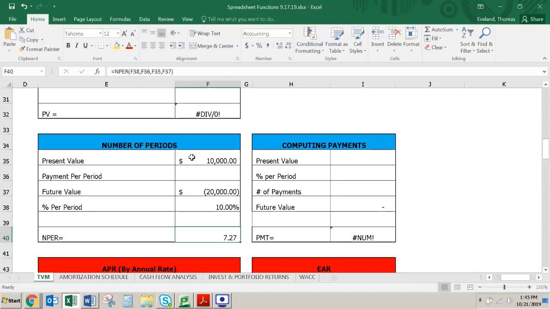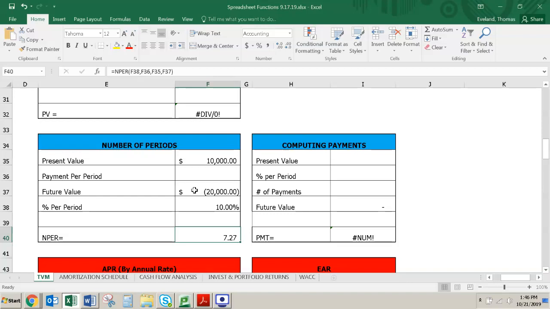That said, in this case, we currently have a balance of $10,000 sitting in an investment account, or a savings account or whatever. We want to amass a future value of $20,000. Now remember, we don't want a negative $20,000 balance, right? That's real easy, just write a check to overdraft the account.